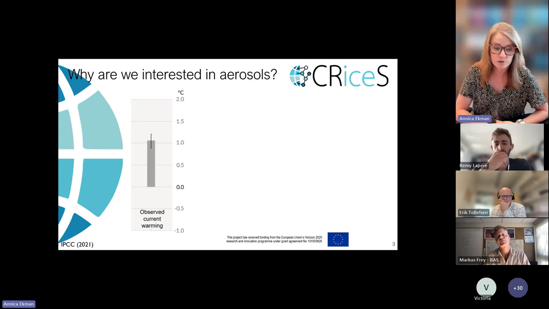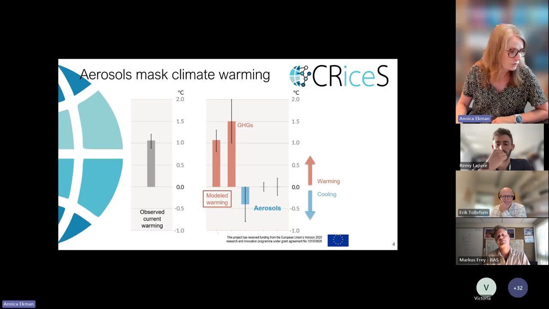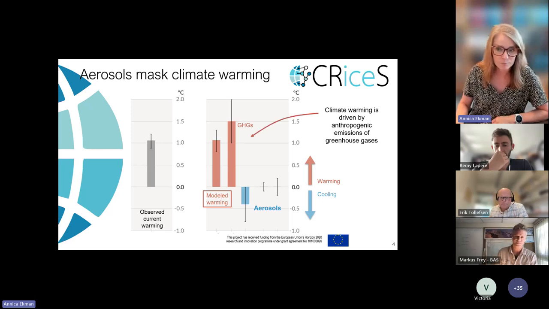So if we look at the observed current warming, and that is about 1 degree at the moment compared to pre-industrial times, and then if we use numerical models to look at what governs this warming, then the main part is, of course, driven by anthropogenic emissions of greenhouse gases.